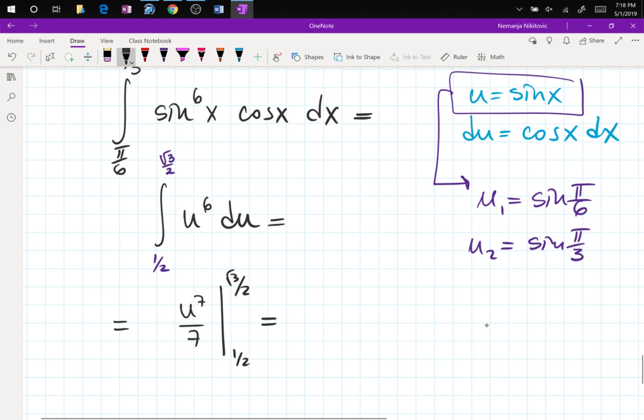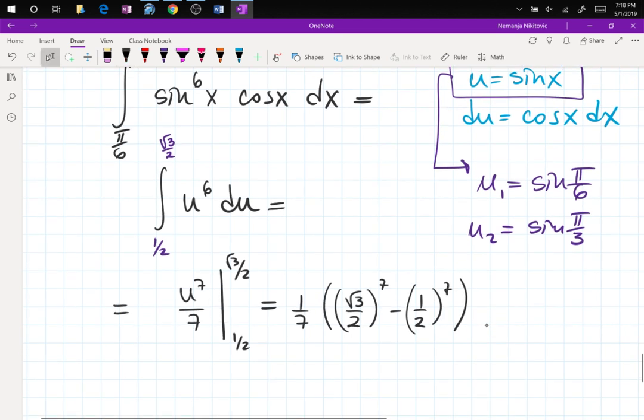So that step of going back to x is not present anymore because we have the values and we can compute at these values. So now this is 1 over 7, and then I have root 3 over 2 raised to the 7th power minus 1/2 raised to the 7th power. No plus c, because this is a definite integral.